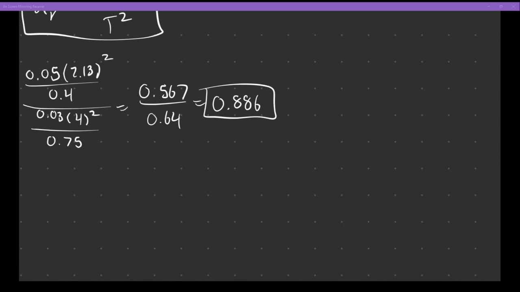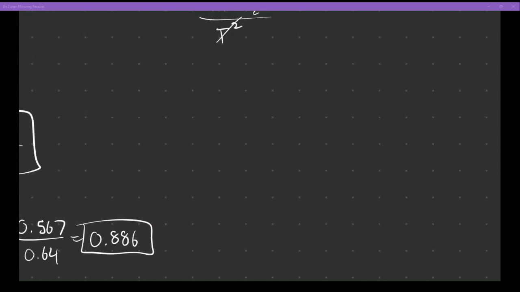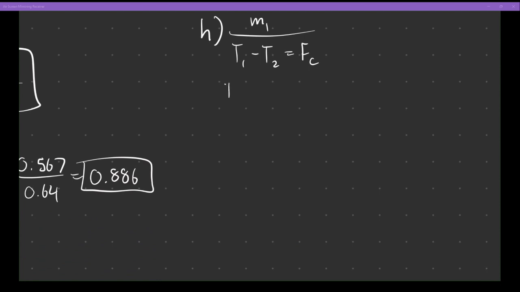Alright, now I'm going to do both H and I at the same time because they kind of go together. Actually, no, I'll write the answer separately. So H. First, I'm going to set up the net force for the first mass, M1. So that's just going to be T1 minus T2 equals F of C. So this is just T1 is equal to F of C plus T2.